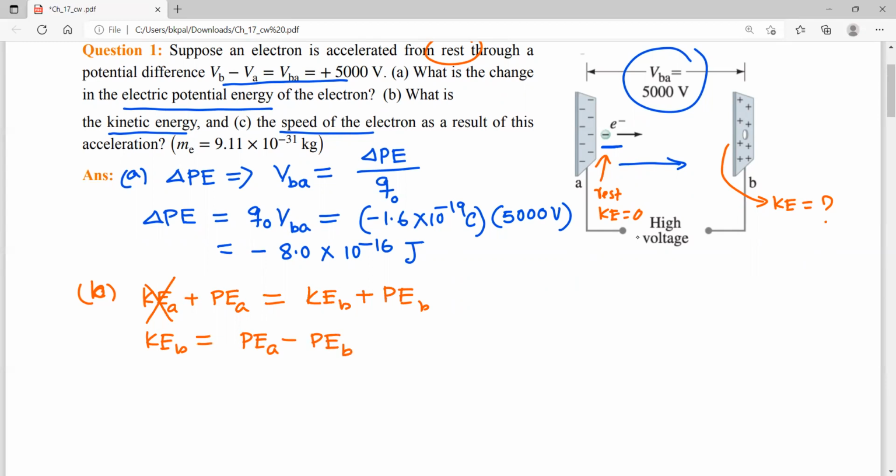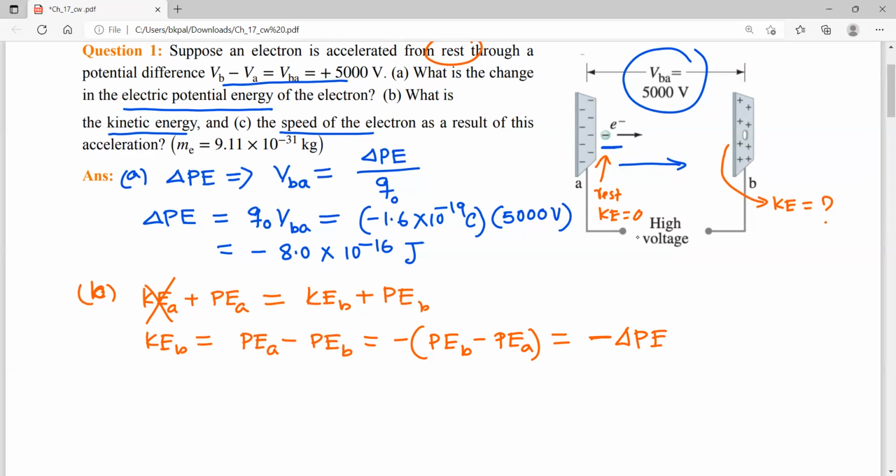Now this is not the change in potential energy. Change in potential energy is final potential energy minus initial potential energy, so it would be something like this. If the electron starts from position A, then position A is its initial position and B is the final position. So the change in potential energy will be PEB minus PEA, and then we have a negative sign.